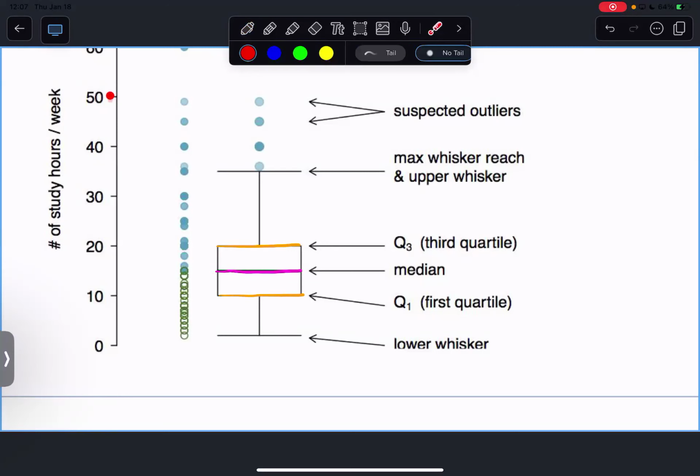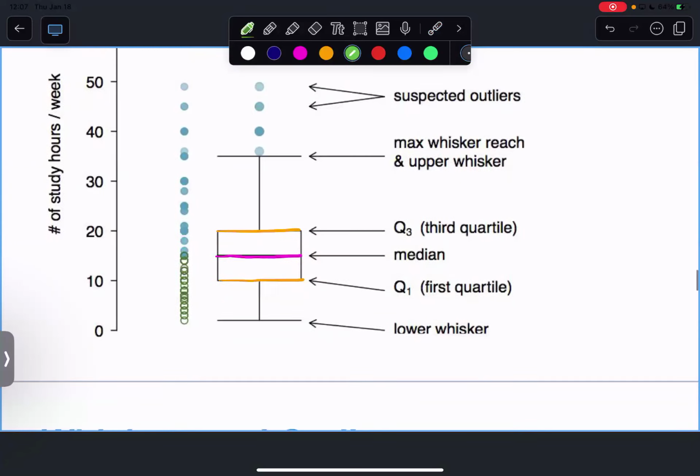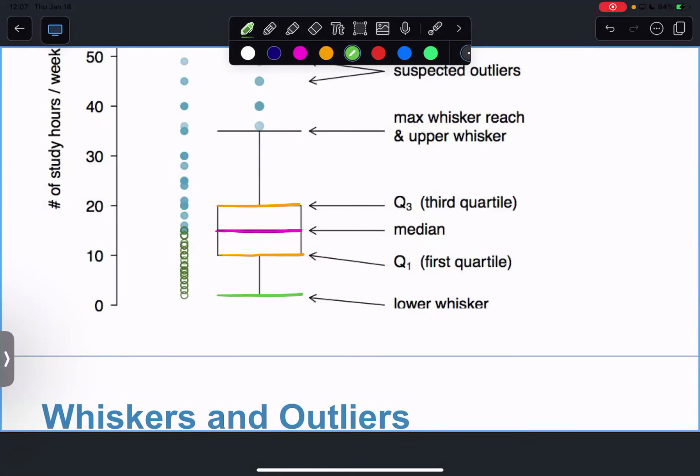Because the scale is increasing, going up, of course, then the first quartile, then the median, then the third quartile, and then on either end, we have what we call whiskers. Okay? So I've got a lower whisker and an upper whisker.